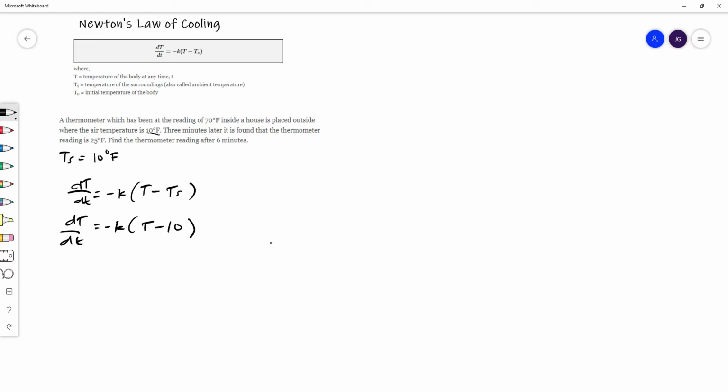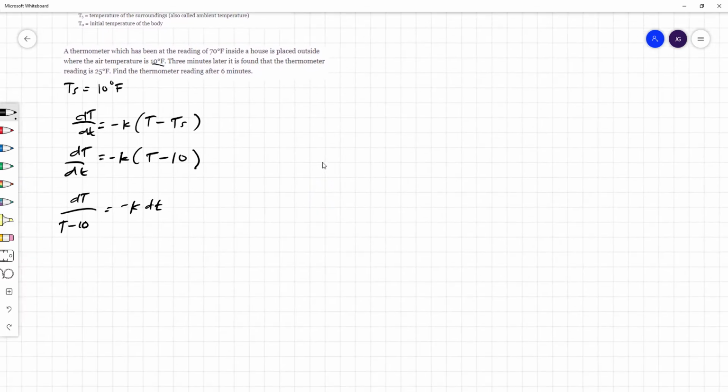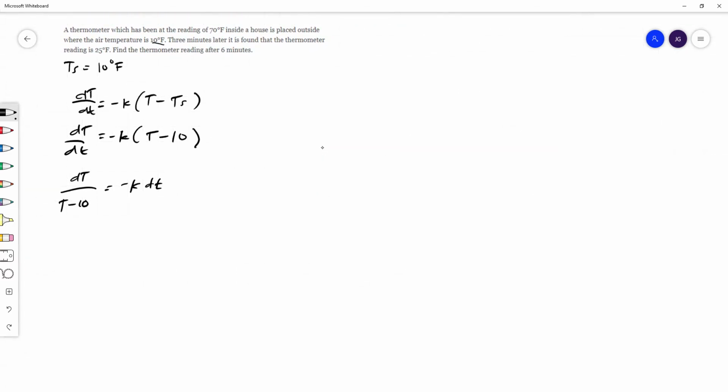And we just need to rewrite our equation by using separation of variables. So we have dT over (T minus 10), equal to negative k dt. And from this equation, we can simply integrate both sides. For the left hand side, dT over (T minus 10), if we integrate this one, we will come up with ln(T minus 10).